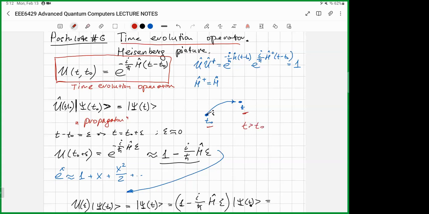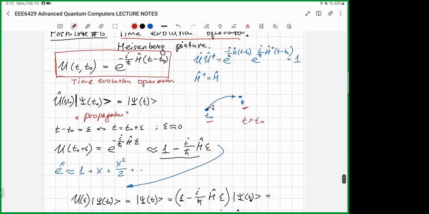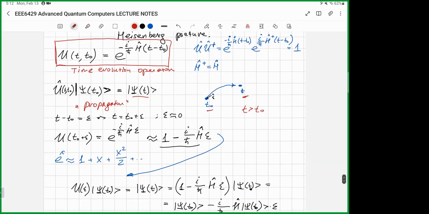So basically t is the future and t0 is the past. And so if you have a system described by the state vector psi, then you just apply this time evolution operator to this psi vector, and you get a new psi vector at a later moment of time.